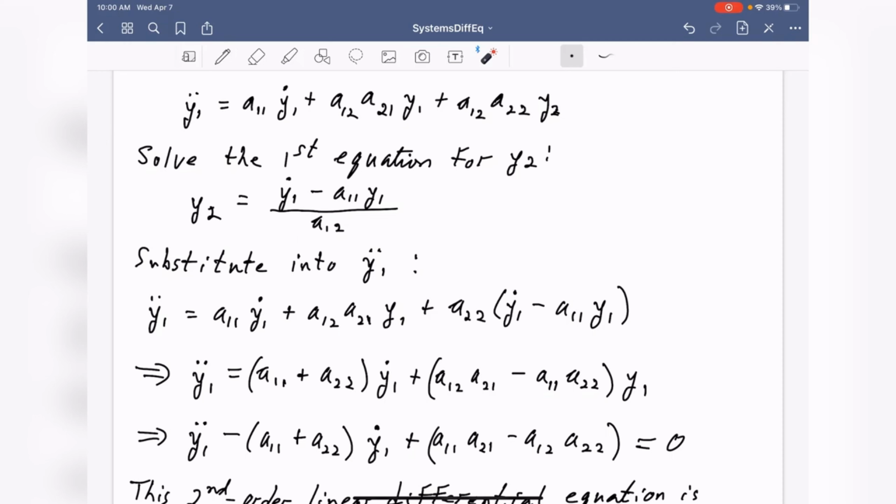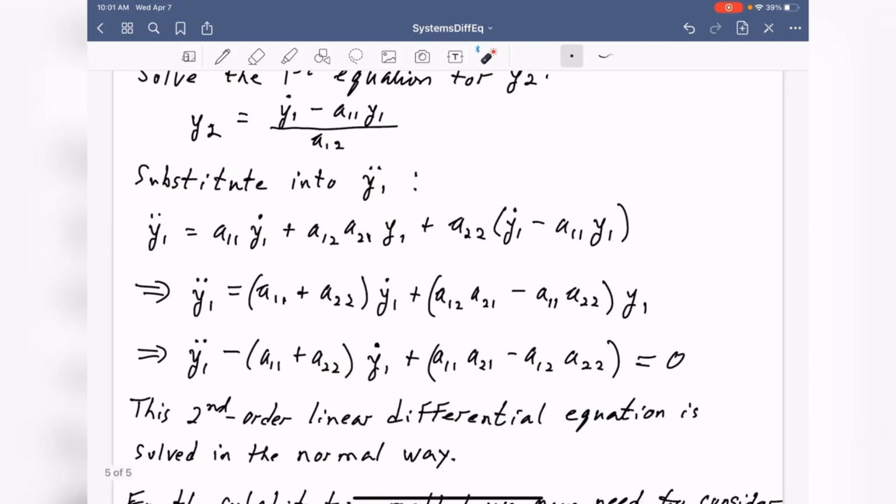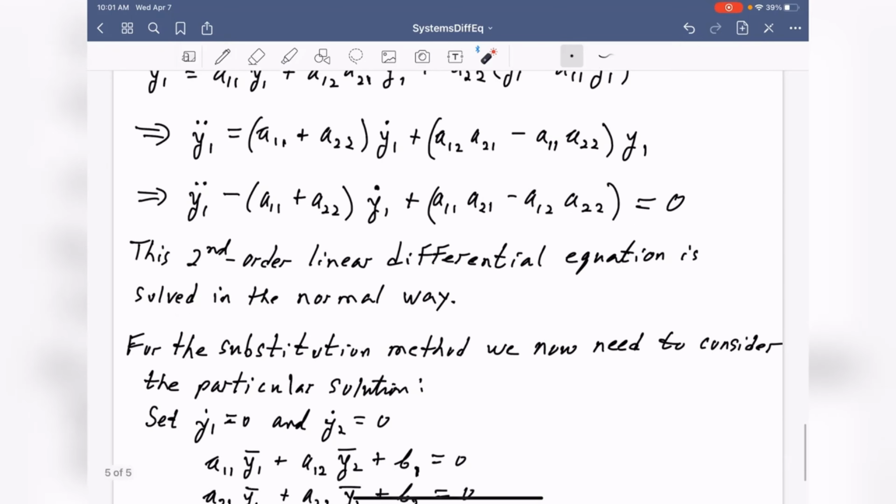So when we substitute in, we get this expression, and notice that we've canceled out that one there, and we get that y1 double dot is given by, we have a y1 dot here and a y1, and we rearrange it like this so that it looks like our traditional second-order differential equation, which we then solve in the normal way.